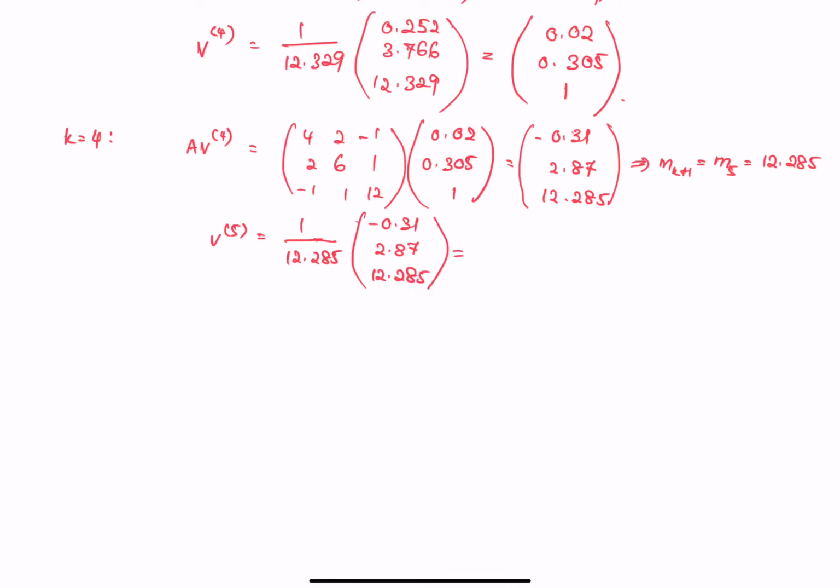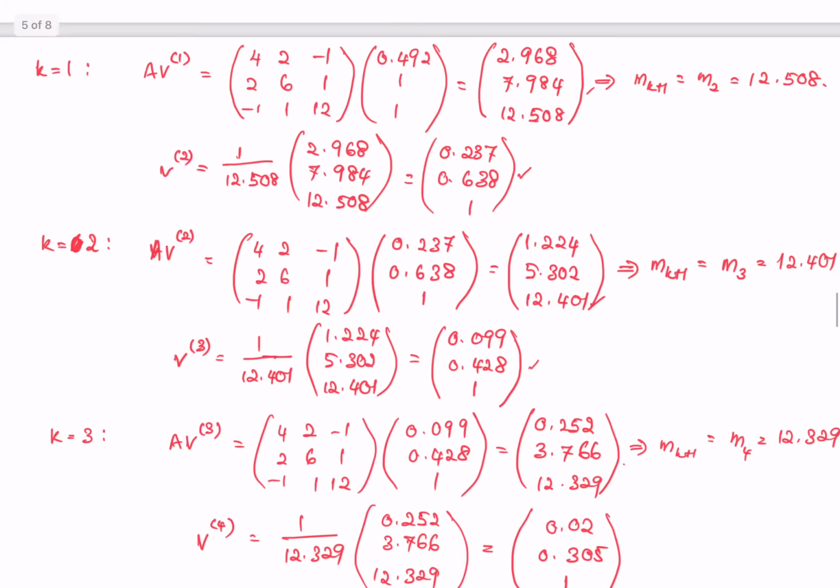And what you will get is negative 0.025, 0.234, 1. And then we must put everything in the table.